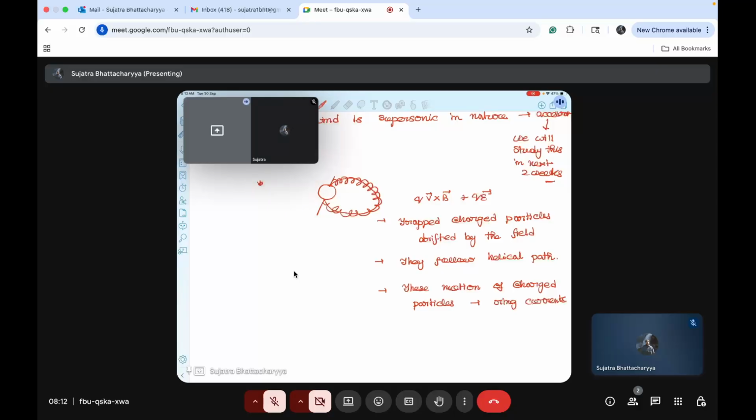Okay, so it is one of the things. And what else? Yeah, that's all. So different types of interplanetary magnetic field, we will discuss this and we will stop for today.